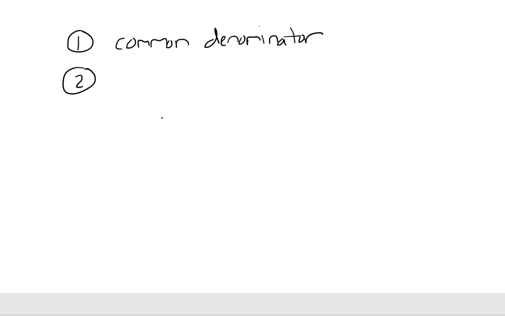Okay, so at this point, I just want to give you some rules to remember when you are adding and subtracting fractions. The first rule is there has to be a common denominator. So when you're adding and subtracting fractions, there has to be a common denominator. The second thing that I want you to remember is that if there are mixed numbers, change all mixed numbers to improper fractions.